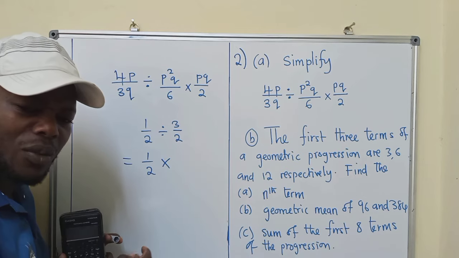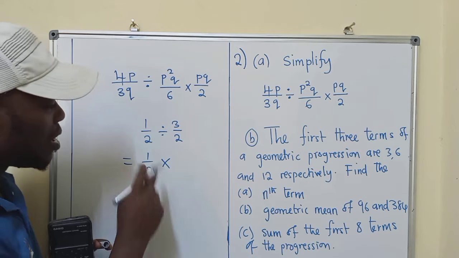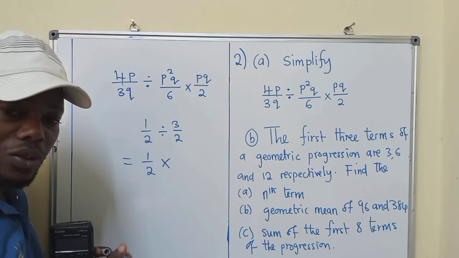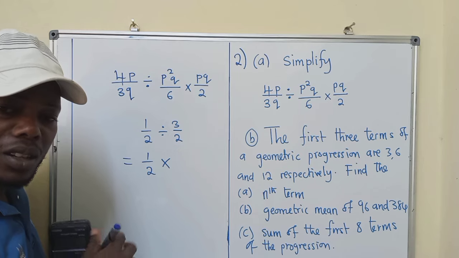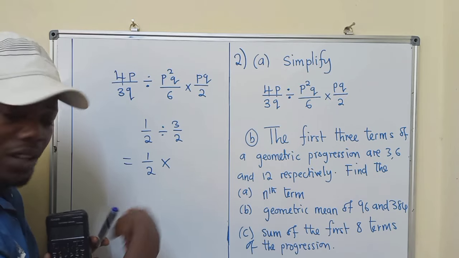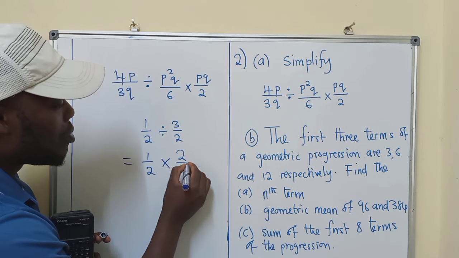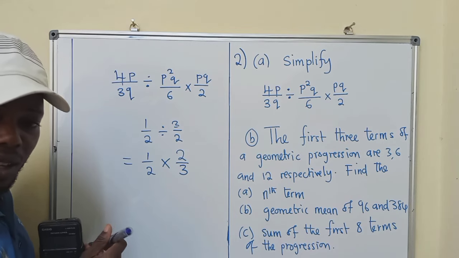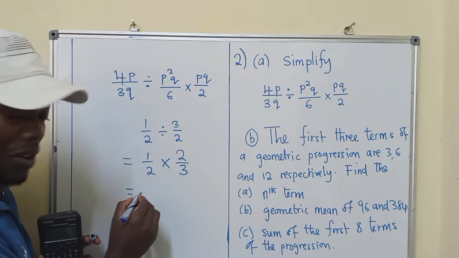I think this is grade 7 work, if I'm not mistaken. When you change the sign to times, this one gets reciprocated. What I mean by reciprocating is this one goes on top and this one comes down here. You remember now, right? Yes.